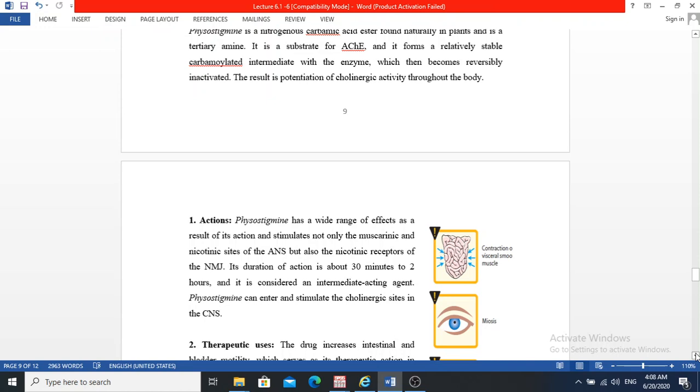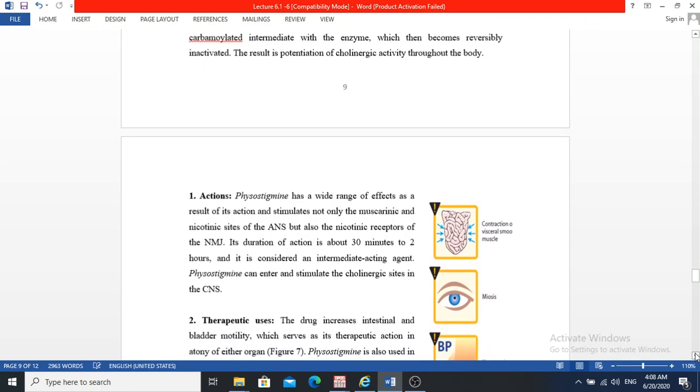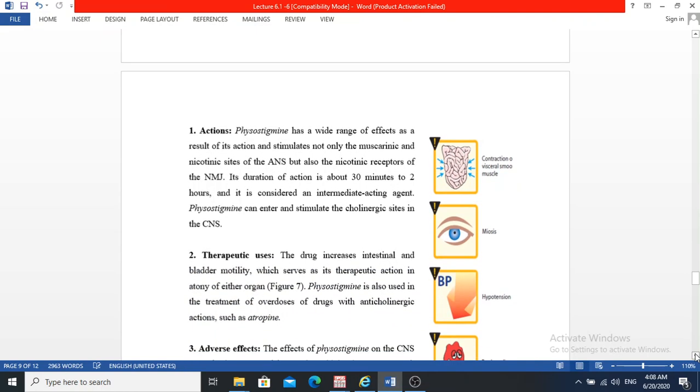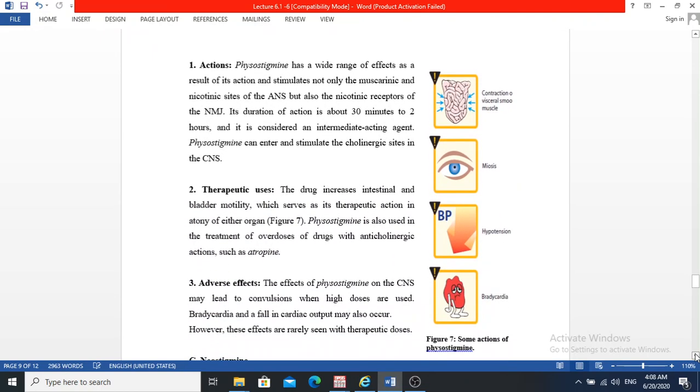Its duration is from 30 minutes to 2 hours, and it is considered an intermediate-acting agent. It can also enter the CNS and have a cholinergic effect.